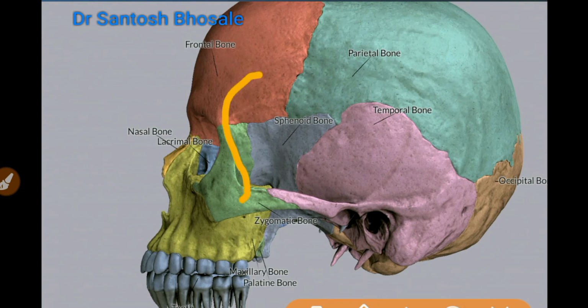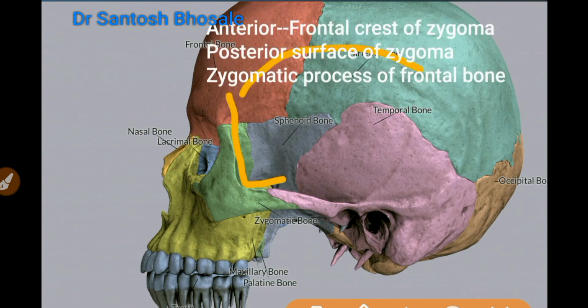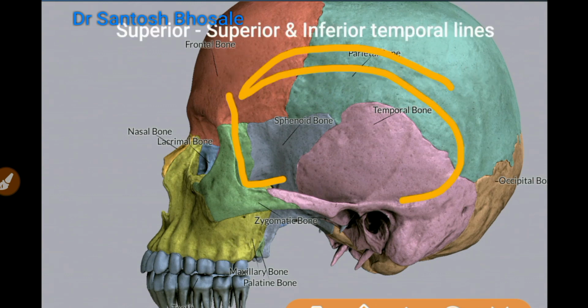Whereas the anterior boundary is formed by the zygomatic process of frontal bone and the frontal process of zygomatic, and you can see posterior surface of zygoma, frontal crest of zygoma, and from the tip you will see two temporal lines which form the superior boundary, superior and inferior temporal line.